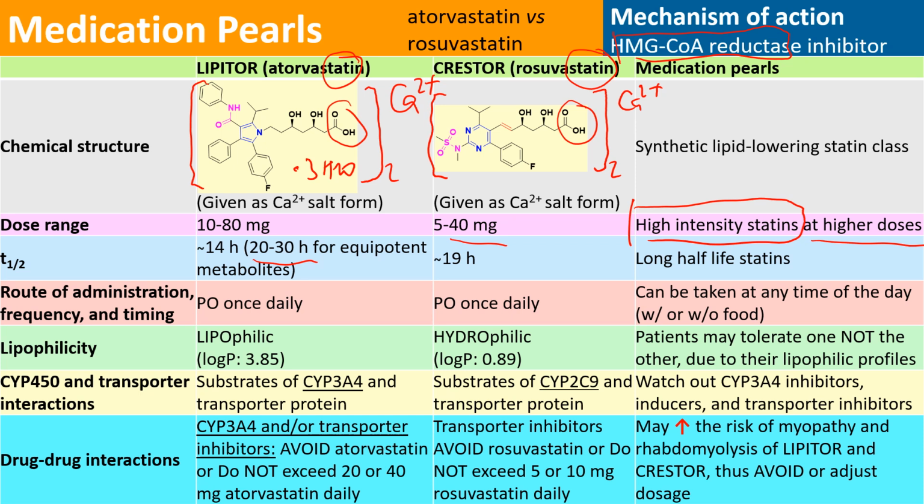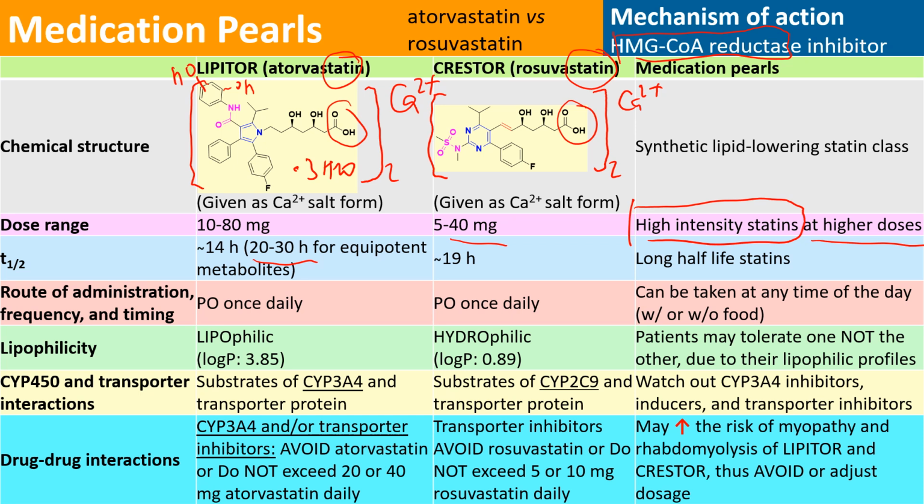Half-life is about 14 hours for atorvastatin, the parent drug molecule, and about 20 to 30 hours for the equally potent metabolites, the 4-hydroxy metabolites along with the 2-hydroxy metabolites. For Crestor, the half-life is about 19 hours.